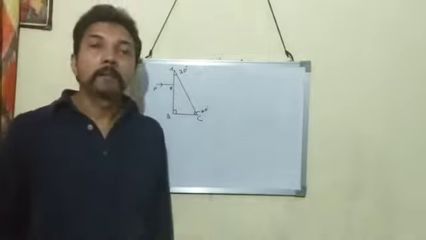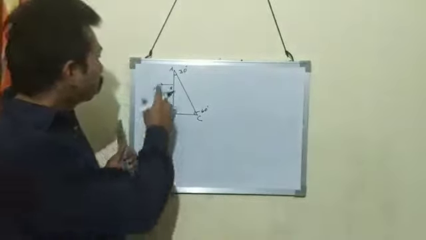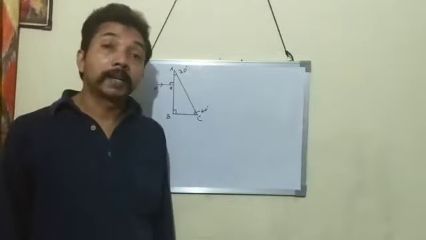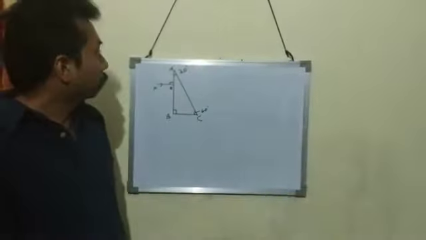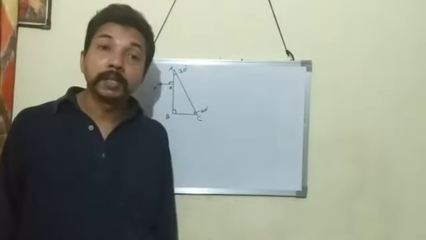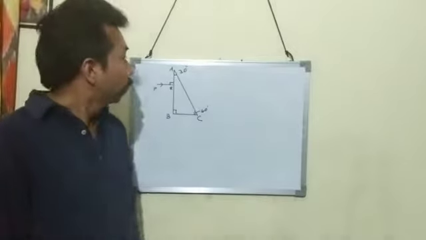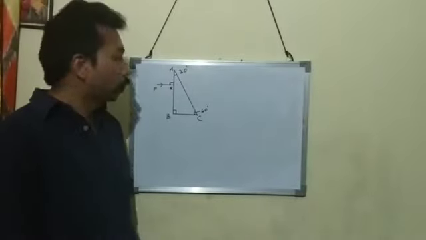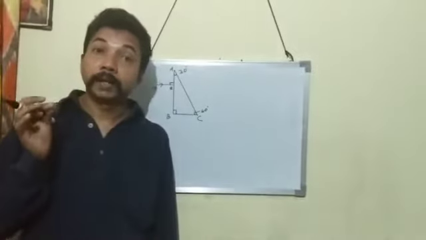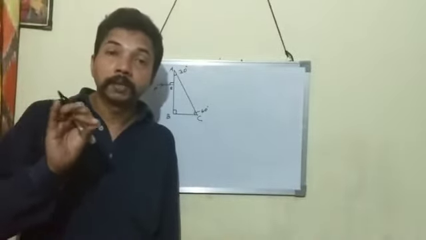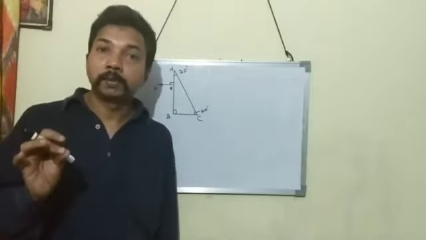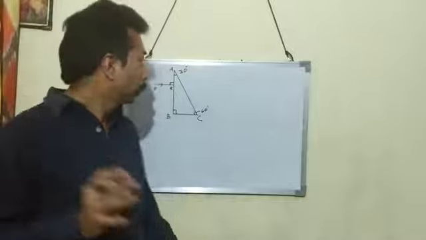So how to complete the diagram? In the diagram, PQ strikes normally on the surface AB. So what is the angle of incidence on AB? It strikes normally. Whenever a ray strikes normally on a surface, the angle of incidence is equal to 0 degree.